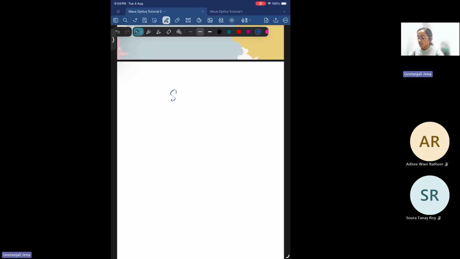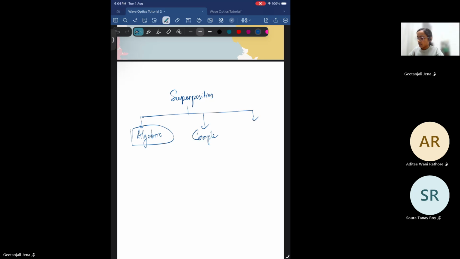For this superposition, we have three different methods to find the expression for the composite wave after the superposition. First is the algebraic method, second is the complex method, and the third one is the phasor addition.